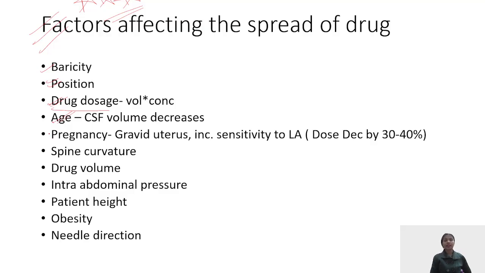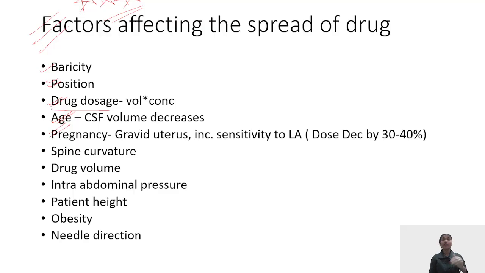Then pregnancy. As you can imagine, in pregnancy as well as in obesity, we have increased intra-abdominal pressure. There it is because of the gravid uterus, and here it is because of the adipose tissue that is present. In pregnancy there is one more reason: the progesterone increases the sensitivity to the local anesthetics, and thus the dose has to be reduced by around 30 to 40%.